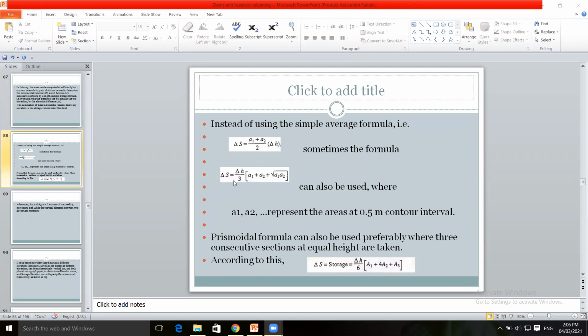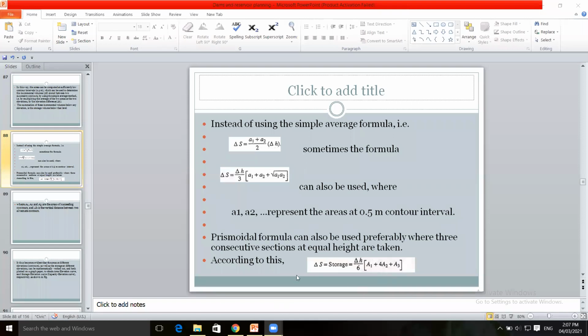Or another formula is delta S is equal to delta H by 3 into bracket A1 plus A2 plus root of A1 into A2. A1, A2 are the areas at 0.5 meter contour intervals. Or the Prismoidal formula for three consecutive sections at equal height of the water level.